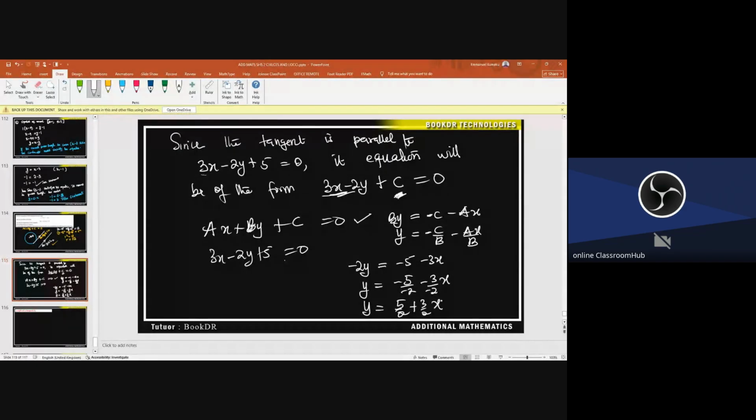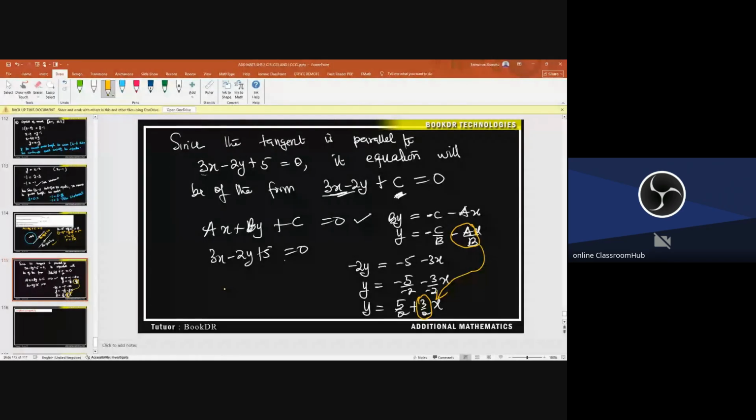Good. We know that in the gradient intercept form, this is the gradient of the line. And here too, this is the gradient of the line. And since they are parallel, they should be equal.